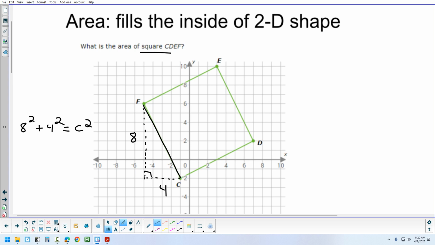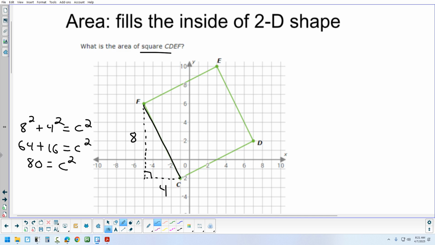How much is 8 squared? Yep, 64. And how much is 16? 4 squared is 16. I'll give you that one. And when you add 64 and 16, how much do you get? 80. You get 80. And that's all we need, right?